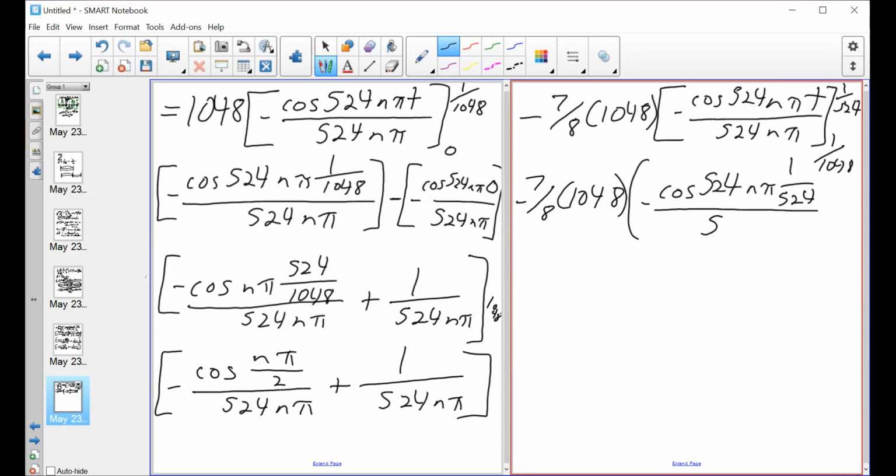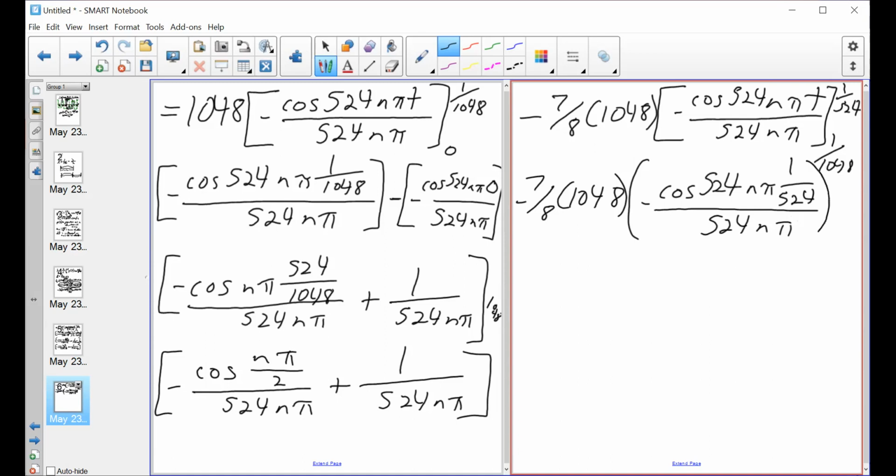Divide that by 524 n pi. Do your best to look at the pattern. Don't get bogged down in what you don't know. This is patterns you want to be recognizing. Unless you're working with somebody who knows their calculus, follow them. But you don't have to know calculus. You don't have to know how to do antiderivatives. You just follow the pattern.